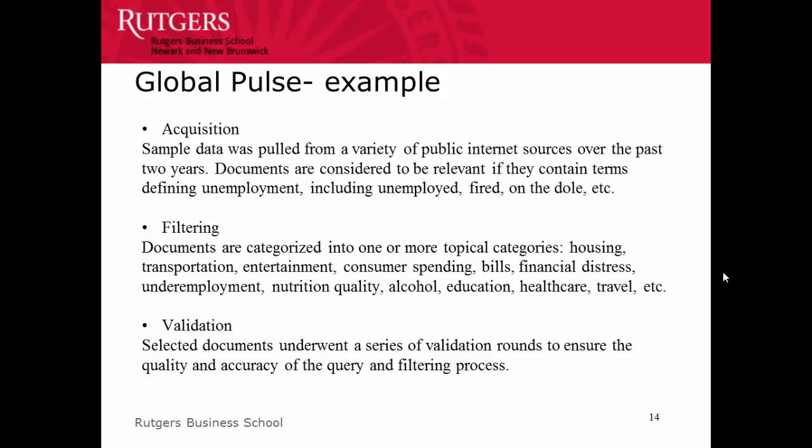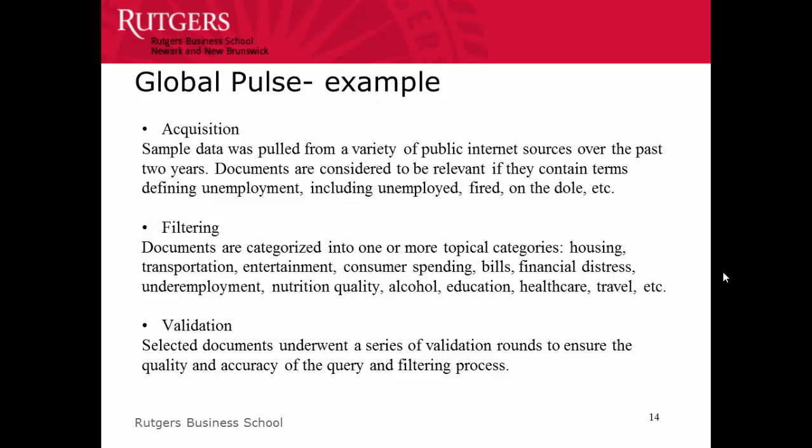And then the next step is called filtering. The documents are categorized into one or more topical categories, like housing, transportation, entertainment, consumer spending, bills, financial distress, underemployment, alcohol, education, healthcare, travel, and so on.